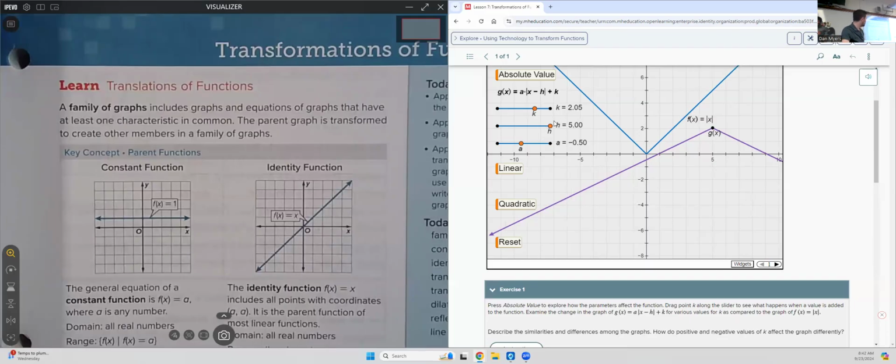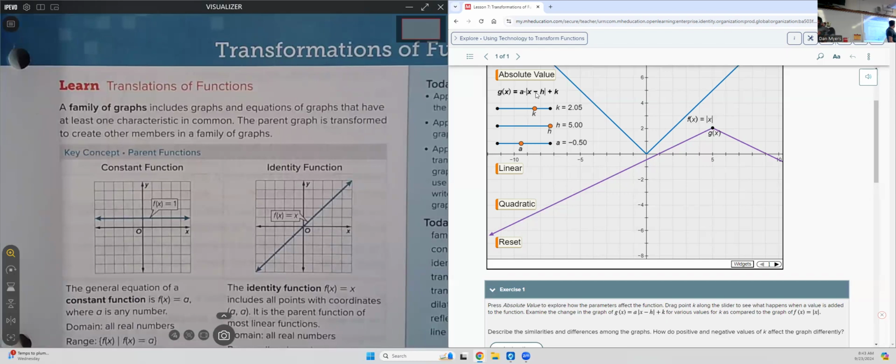Now, something I want to point out is, look inside the parentheses, or I guess in this case, the absolute value. It doesn't say x plus h, does it? It says x minus h. So if you were to write this function, you would have x minus 5 in the absolute value, because it's a minus there.